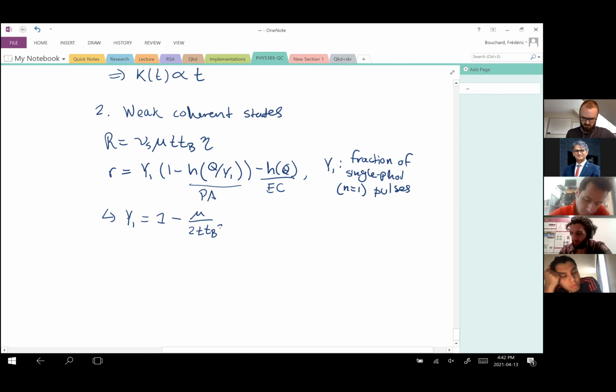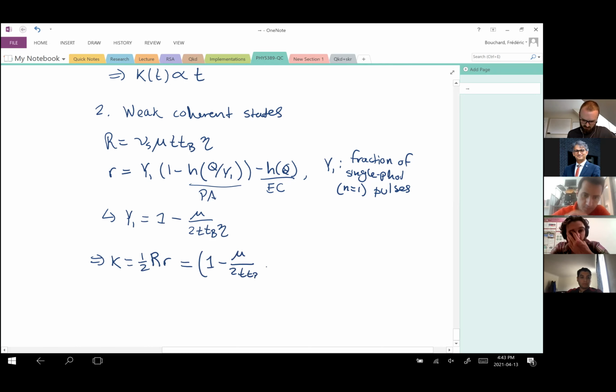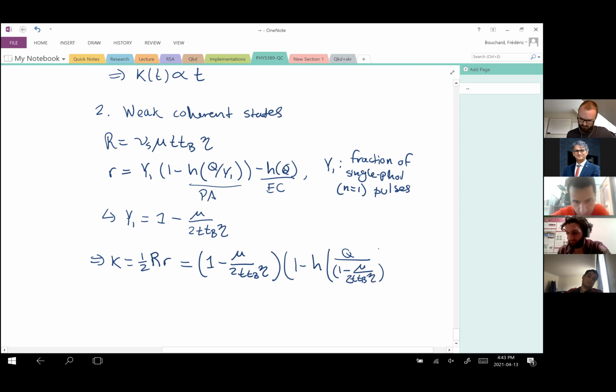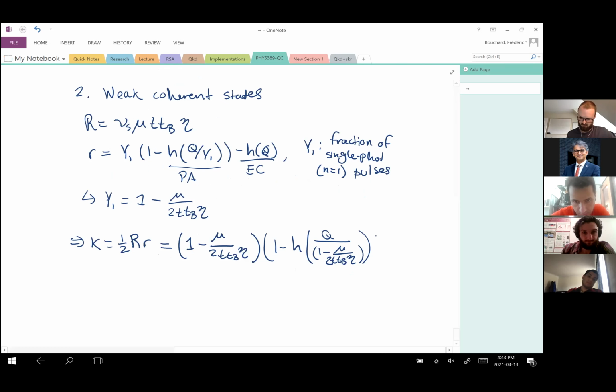So mu is the mean photon number. If we write down the full secret key rate, which is equal to that, let's write it down: 1, mu, 2, T, TB, eta, 1 minus H(Q).